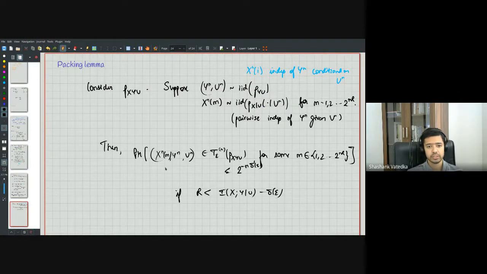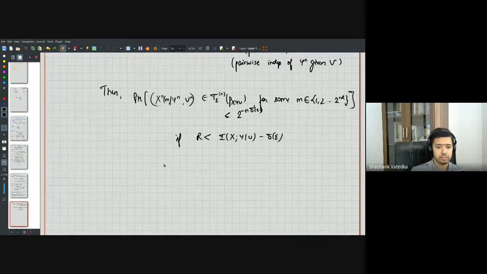And this is again just a consequence of the joint typicality lemma. So we want to see what is the probability of this happening.